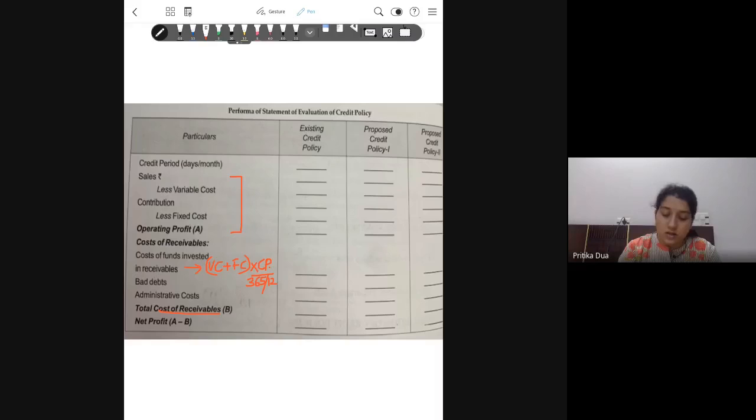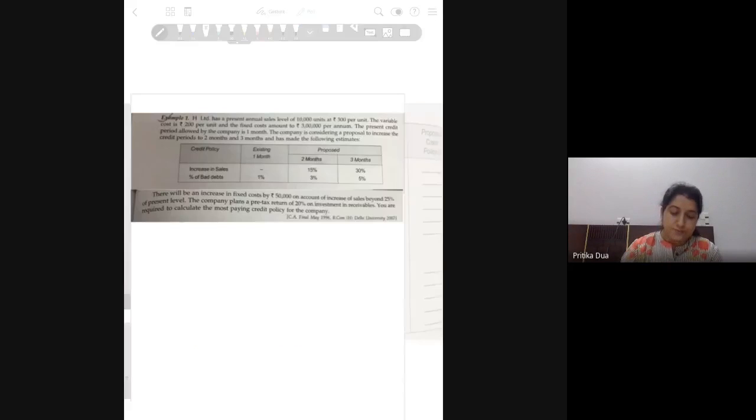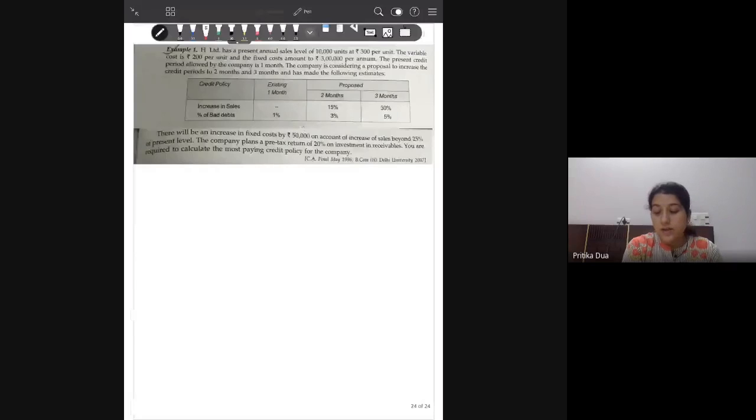So what we do is we'll take up one question on this and the concept will be more clear. So have a look at the question given on your screens. H Limited has a present annual sales of 10,000 units at rupees 300 per unit.